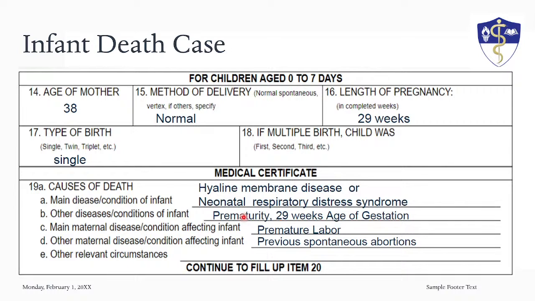So why you call it prematurity? So 29 weeks age of gestation. Maternal condition, premature labor. Okay, maternal disease condition, other: previous spontaneous abortion. So I was able to note that, diba? Kakabasa lang natin and I was able to note that the patient already had two abortions. Okay, that was the first thing I noted. And that can be placed here.